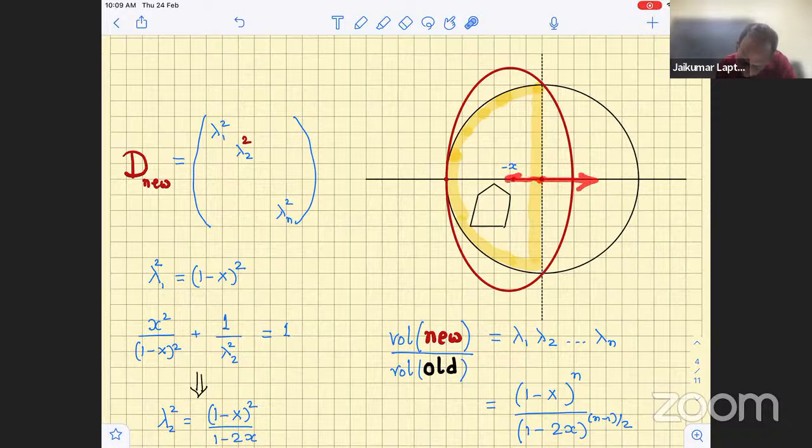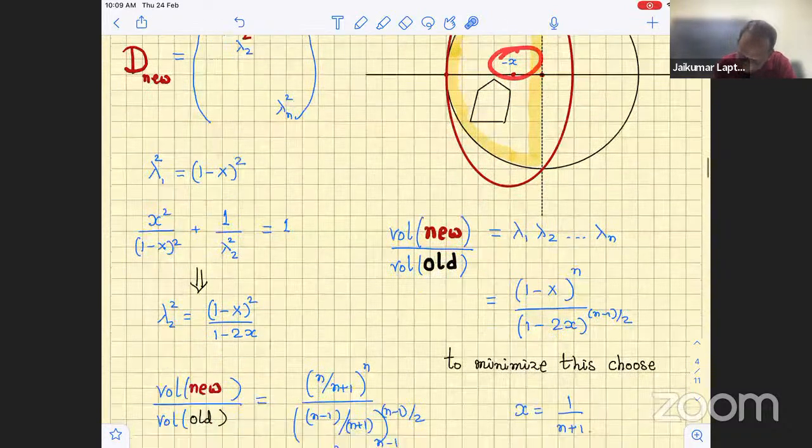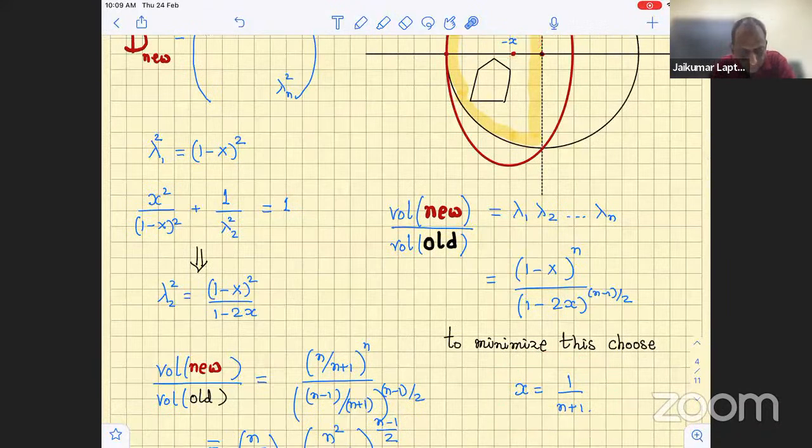Then we go x units along the negative of that normal vector, in the opposite direction, and that will be the point. So if you give me this hyperplane, I will take its normalized normal, and I will go in the opposite direction, the same x units, 1 over n plus 1 units. Yeah, we can believe that. At least in the ball, there is complete symmetry. That should be true.